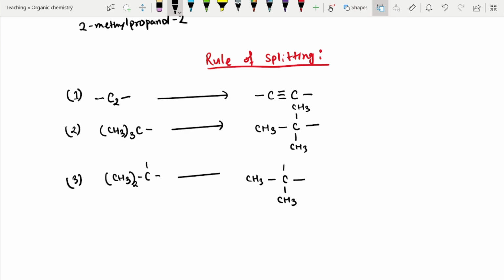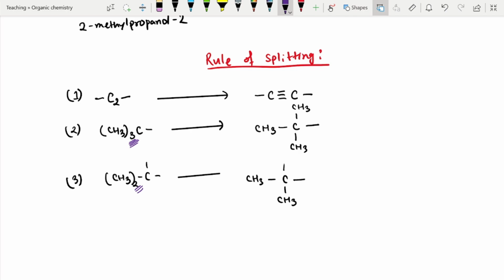Just look for a minute that here there are three methyls and there are two methyls, and in organic compound always the carbon's valency is 4, so there will be 4 hands. There will be only 4 hands of carbon, not more than that, not less than that.